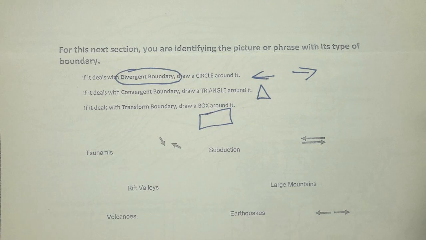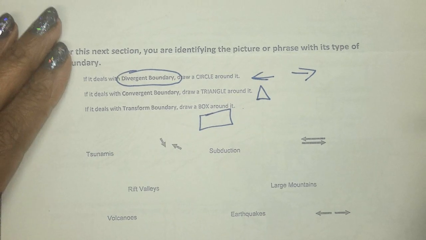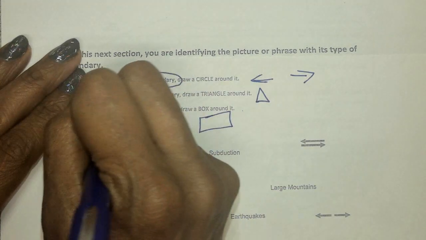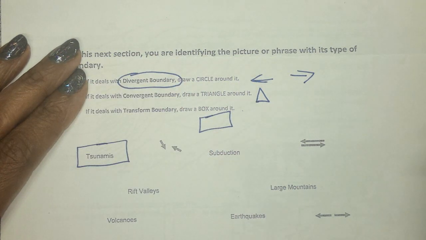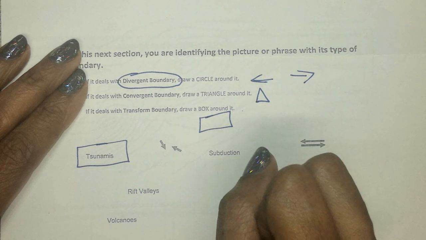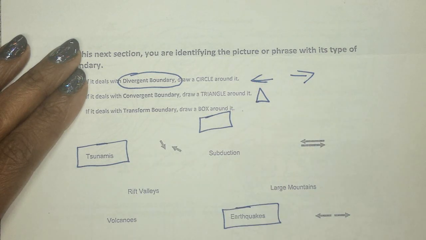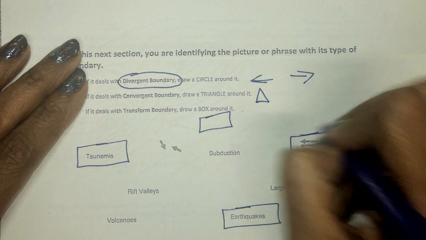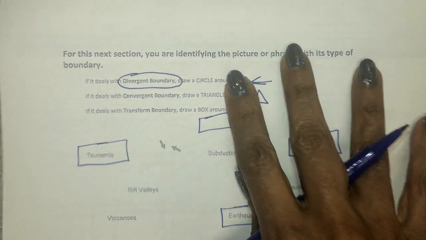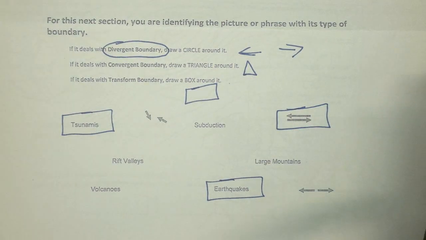All right, so let's start with our transform boundaries. So tsunamis occur at transform boundaries. It's basically an underwater earthquake. So we're going to put a box around earthquake. And we're also going to put a box around this because that is the plate movement direction for a transform boundary.